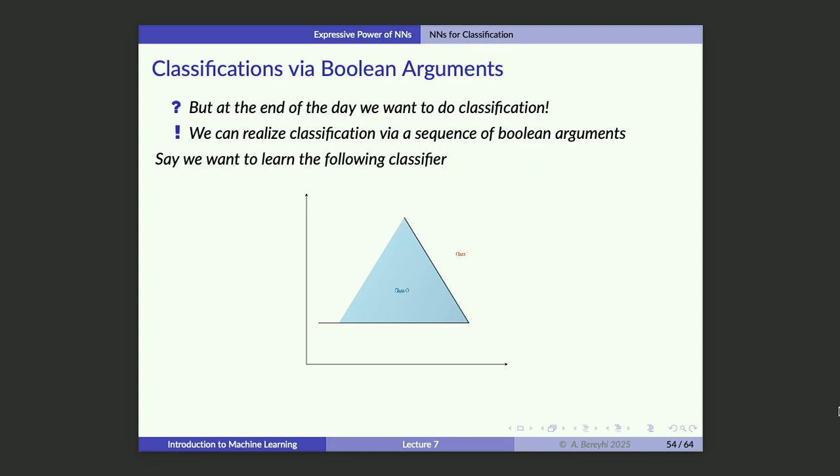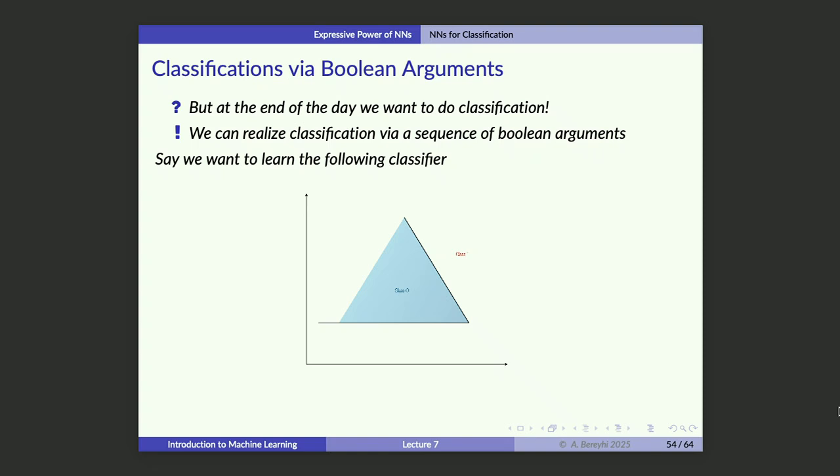I have these 2 different lines, and I want anything between them to be classified as 0, and anything outside classified as 1. Okay? This is a simple classification problem. Any other classification problem you have is of the same form, only the shape of that region is more complicated, right?